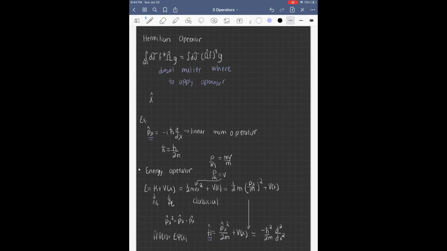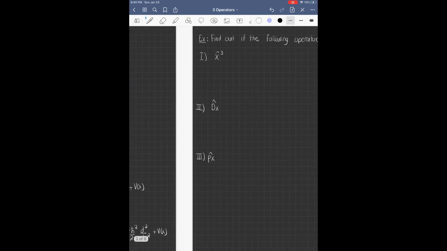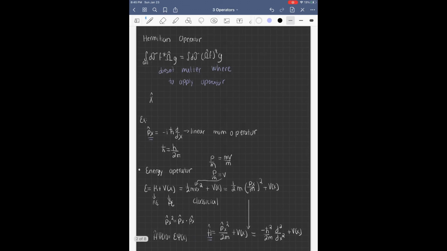So it's the second derivative plus V of x. All right. Now you guys don't need to necessarily learn this week about energy. It's just a good way to get the idea of what operators are. Just put that in the back of your mind. You're gonna use this in the future to do stuff like particle in the box. All right. Oh, I got examples here. Let me add a page.